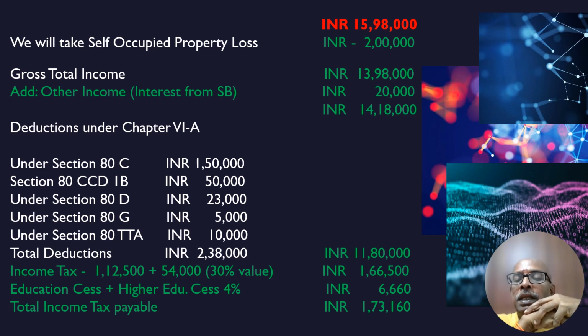Out of 11 lakhs 80,000, 10 lakhs you already calculated as 1 lakh 12,500. Now on this 1 lakh 80,000, 30% is 54,000. The total comes to 1 lakh 66,500. For that, 4% education cess and higher education cess together comes to 6,660. So total tax payable is 1,73,160, and whatever you have paid already, the remaining has to be paid.